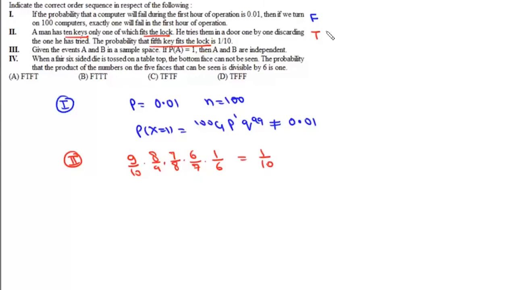Now this third one is, given that events A and B such that P(A) equals 1, then A and B are independent.